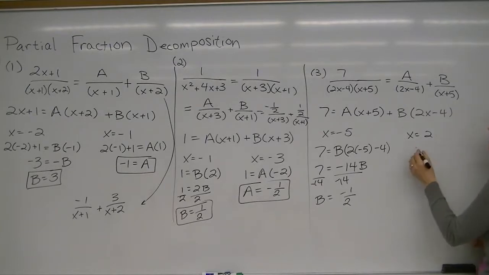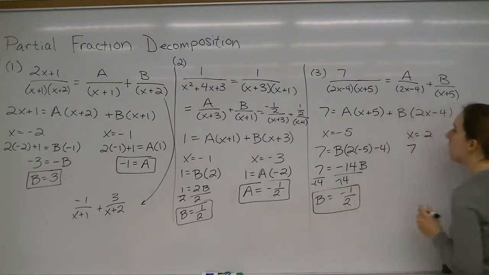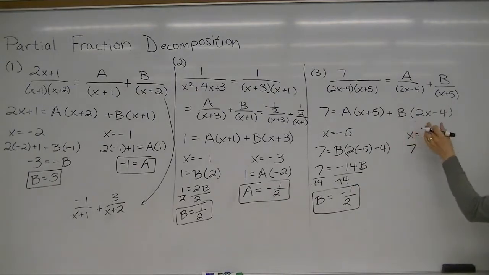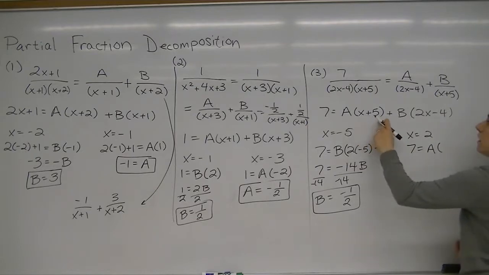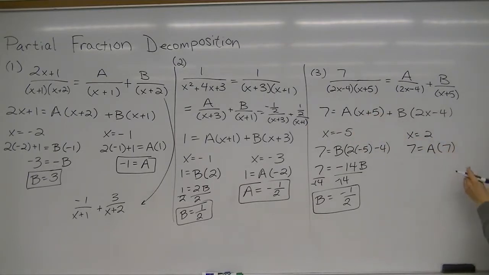When x is 2, 7 stays the same again. Then this term becomes a times 2 plus 5, which is 7. And then this term becomes b times 2 times 2 minus 4. Well, that's 0. That's why we chose x equals 2. So this term just disappears. This one, if we divide by 7 on both sides, we see that a is just equal to 1.